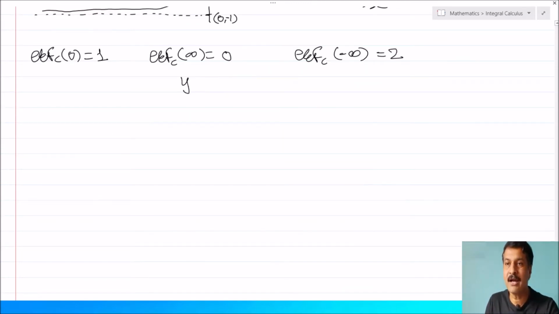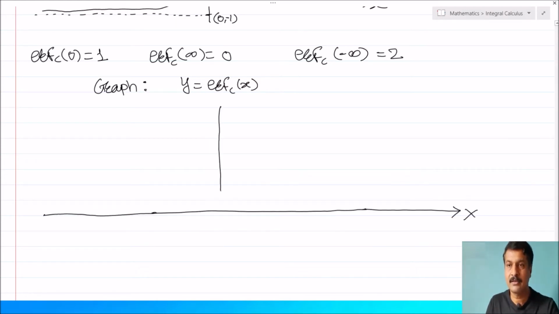Now draw the graph for y equal to complement of error function of x. So here this is the x axis, here y axis, here origin. So at origin we want y equal to 1. Complement of error function of 0 is 1. Complement at infinity is 0.